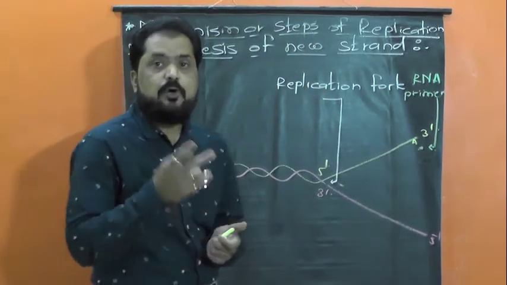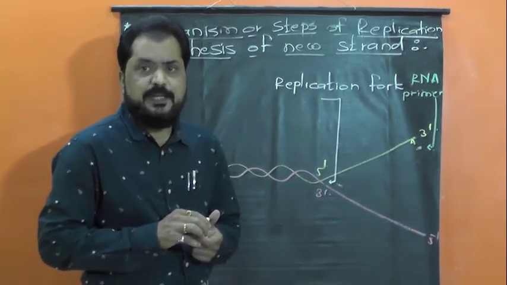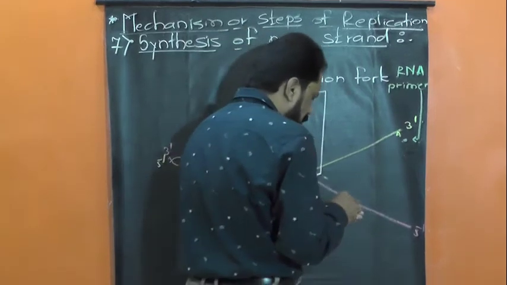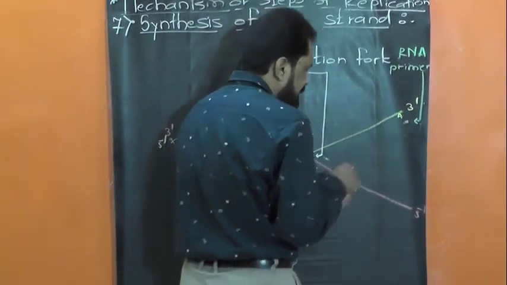We know that the complementary nucleotide of adenine is thymine. So the thymine nucleotide get placed against it.